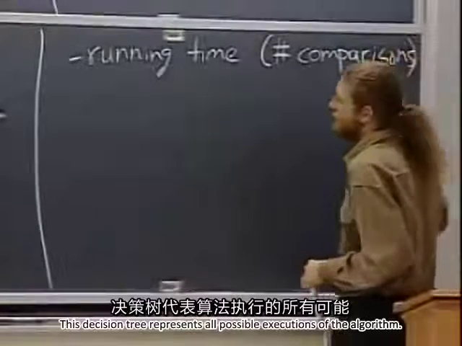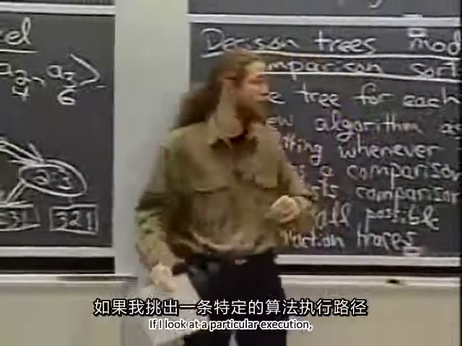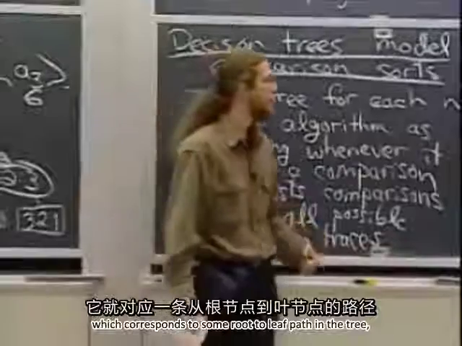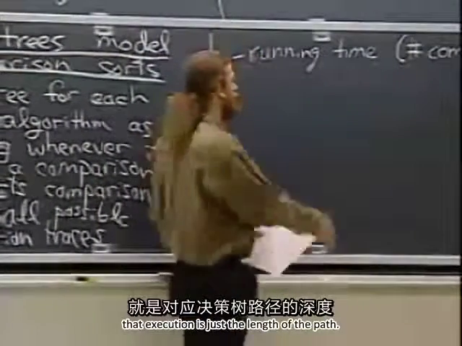So this decision tree represents all possible executions of the algorithm. If I look at a particular execution, which corresponds to some root to leaf path in the tree, the running time, or the number of comparisons made by that execution, is just the length of the path.